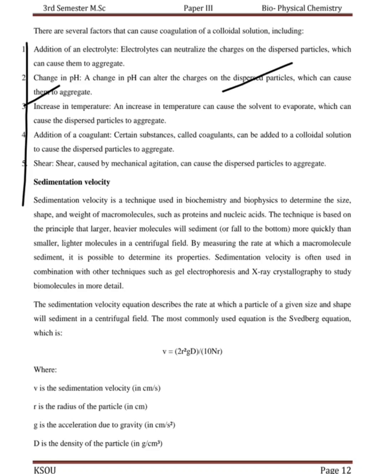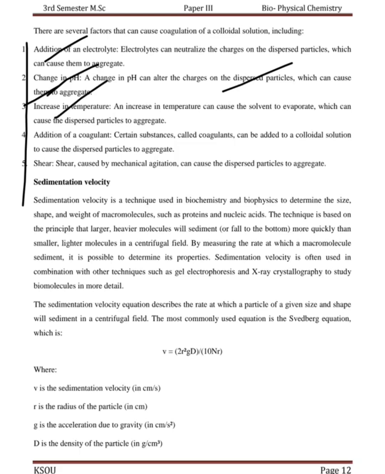When you add a substance and different substances react, the interactions will be seen. So in the formation of colloids also, you can see some of the interactions and changes in their physical state. So addition of electrolyte, change in pH, increase in temperature.